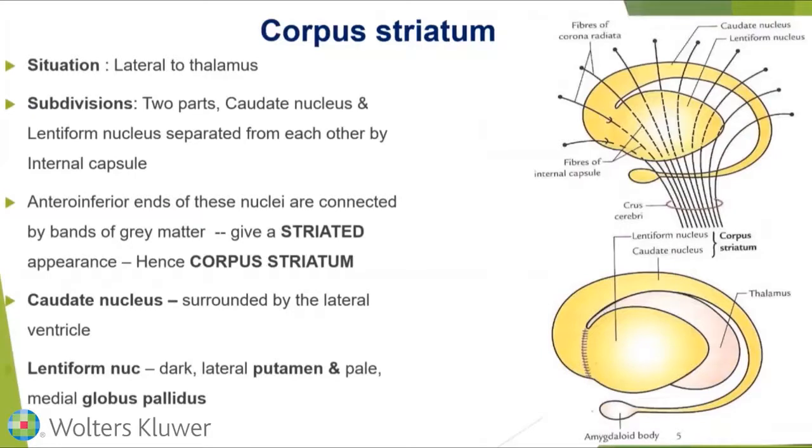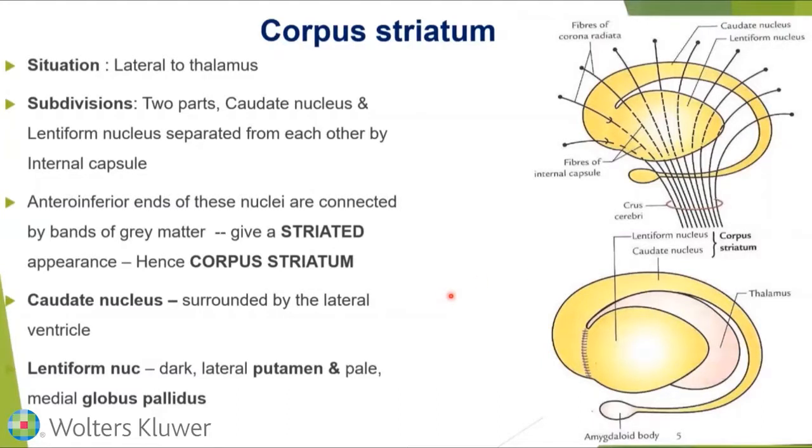Moving on to the components of the basal ganglia. First, taking into consideration corpus striatum. In this picture, again, the parts of corpus striatum you can make out are the lentiform nucleus, the caudate nucleus, and thalamus.